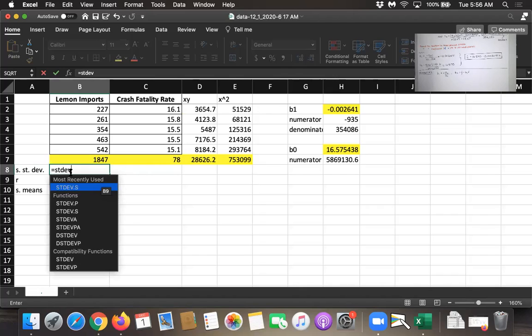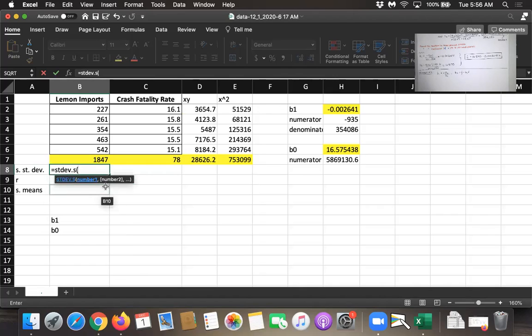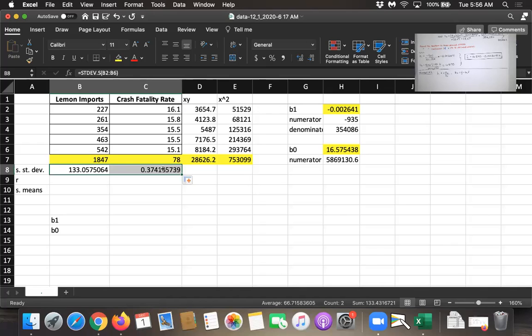Those can be calculated in Excel using stdev.s. S for sample standard deviation, open parentheses, and make sure you highlight all of those. So you have to type equals stdev.s, open parentheses, and then you select your x values. And I'll drag and drop this way so that I calculate the sample standard deviation for the y values as well.